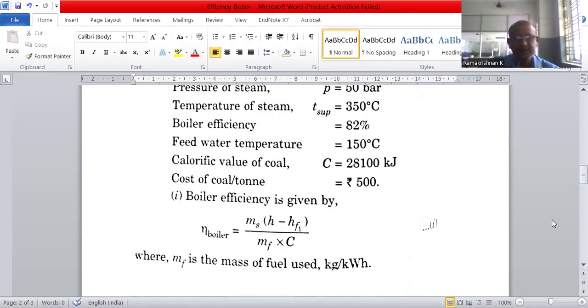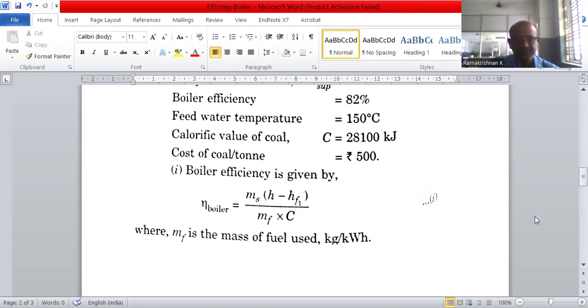First, the boiler efficiency. As discussed above, the formula is written per 1 kg of fuel used, so the mass of fuel is denoted by mf. So efficiency equals ms into (H minus Hf1) divided by mf into C. Here mf denotes the mass of the fuel used, kg per kilowatt hour.